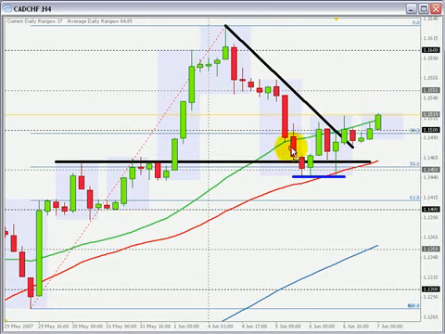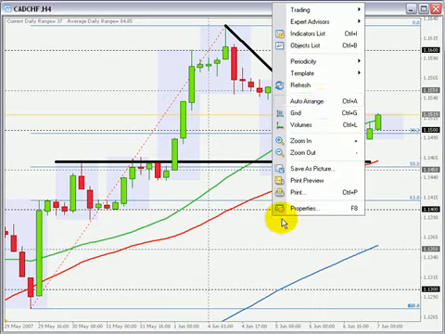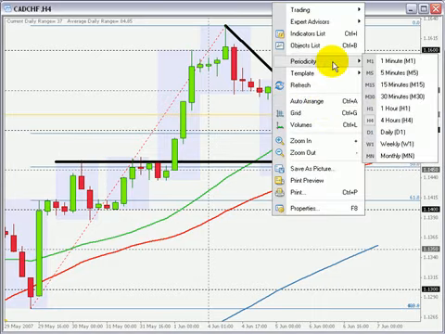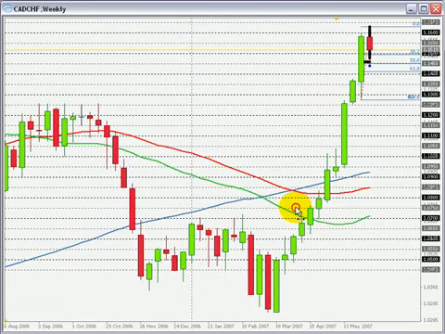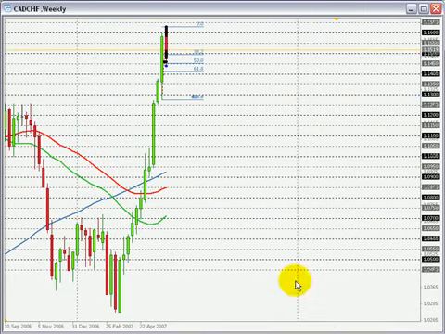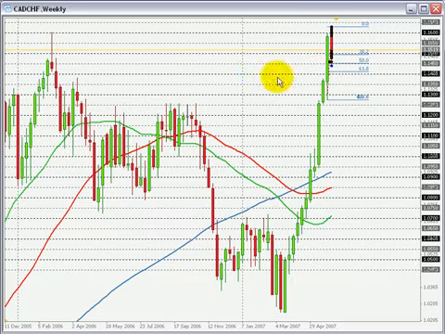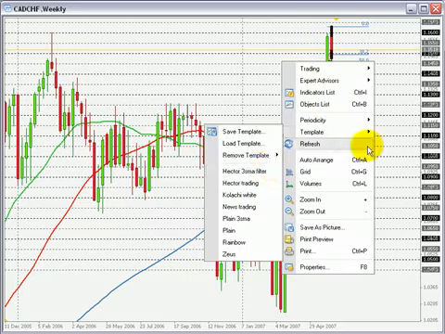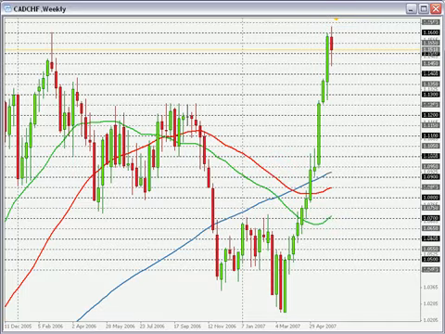So why haven't I taken it? Because if you go to the weekly chart and you zoom out a little bit, have a look at that. Let's clean up the charts a little bit. Have a look at that.